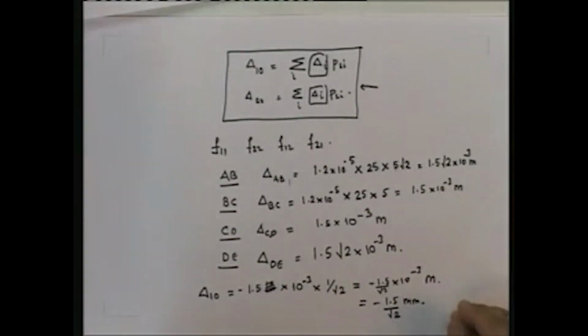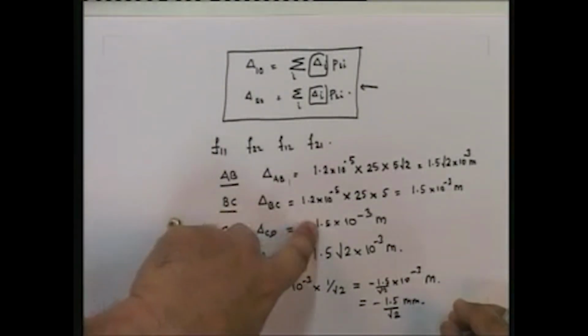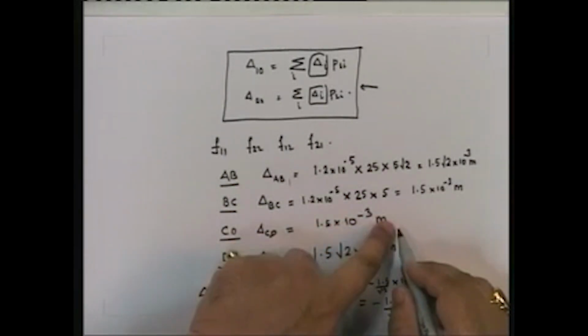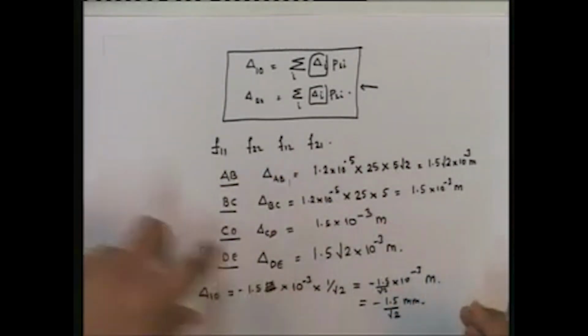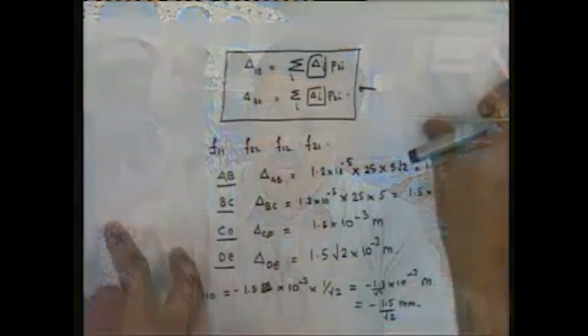Similarly, delta 20 also turns out to be exactly the same by computing CD, so it will be 1.5 into 10 to the power of minus 3 multiplied by minus 1 over root 2.